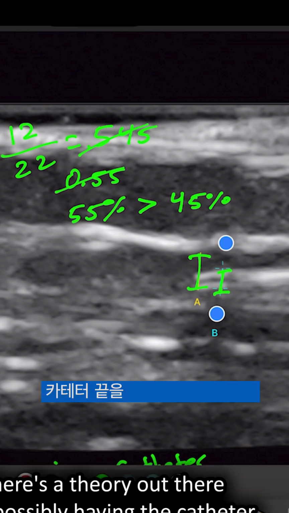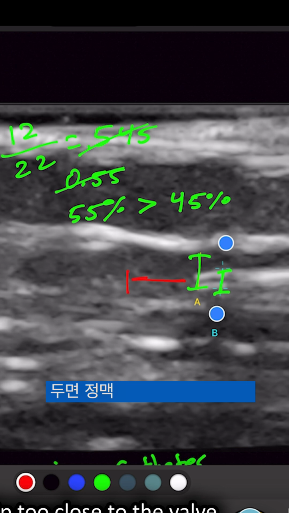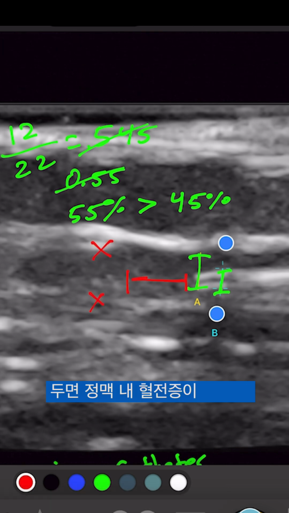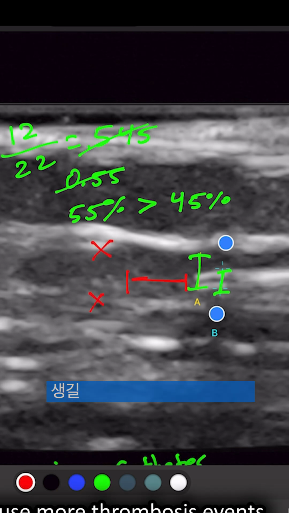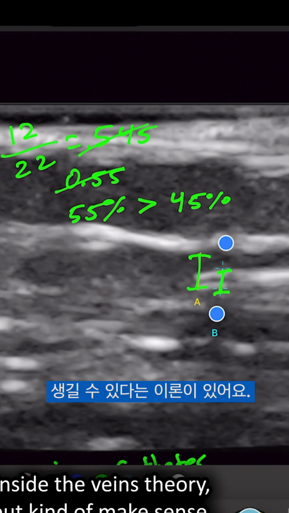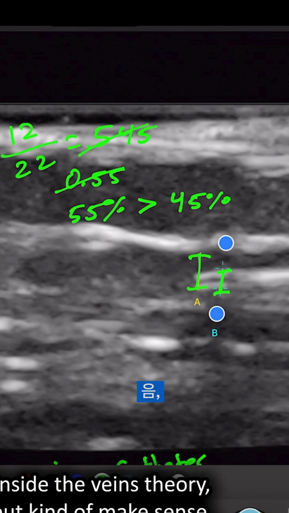There's a theory out there that possibly having the catheter tip too close to the valve will cause more thrombosis events inside the veins. Theory, but kind of makes sense.